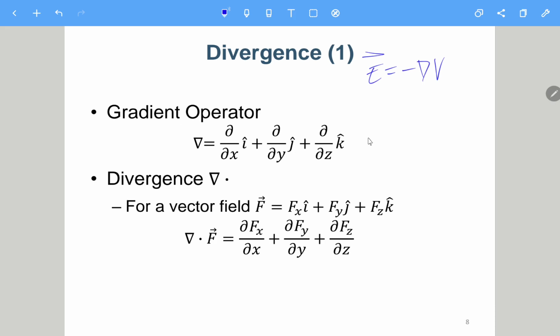This is the gradient operator. For the divergence operator, you can consider it as this gradient operator dotted with another vector, so it should operate on another vector or vector field.